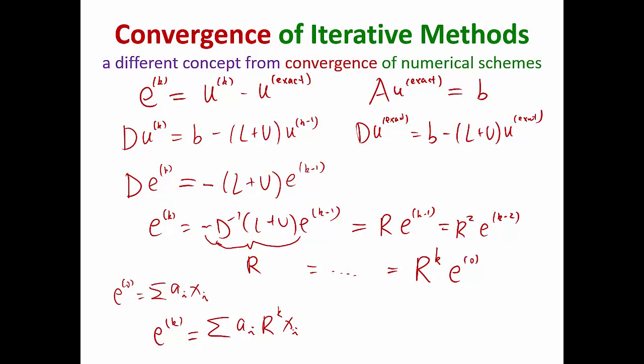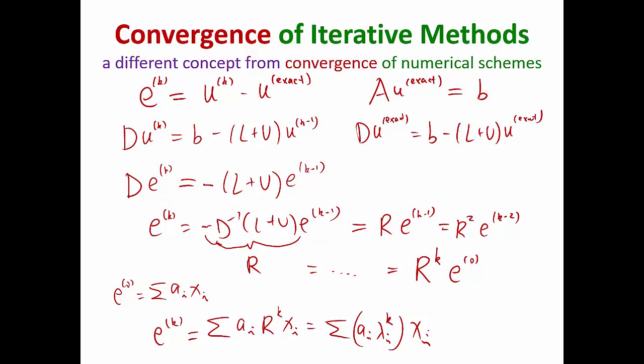And if xi are the eigenvectors of the matrix R, corresponding to eigenvalue lambda i, what is R to the k power times xi? Yes, that's lambda i to the power k times xi.